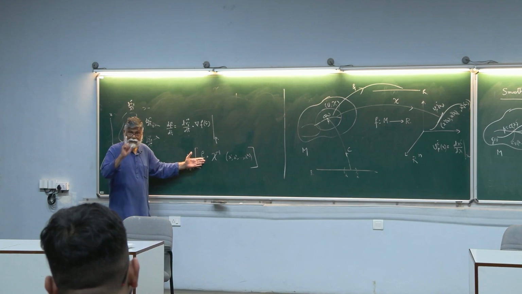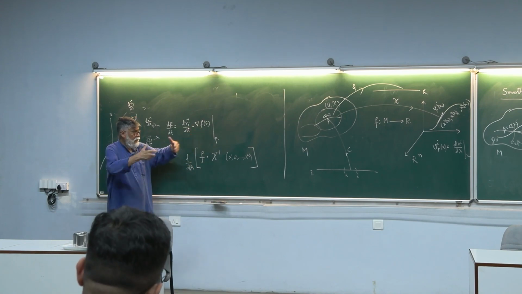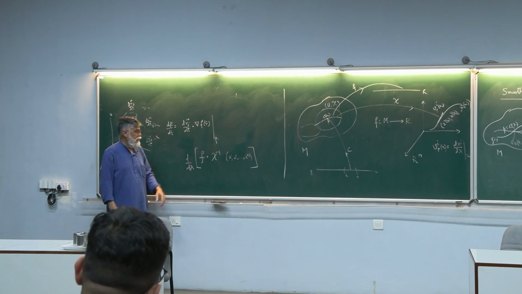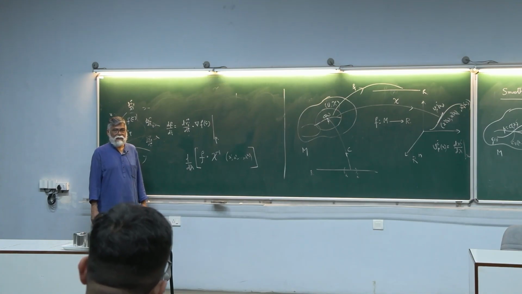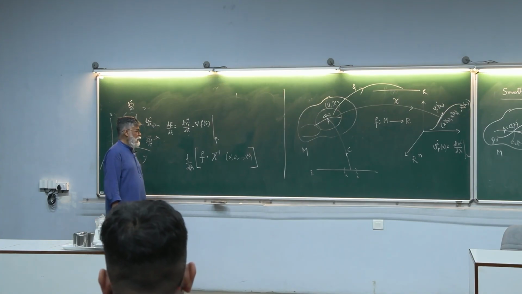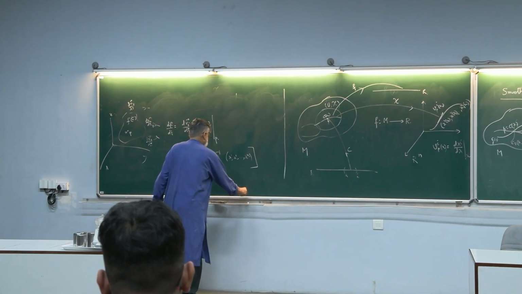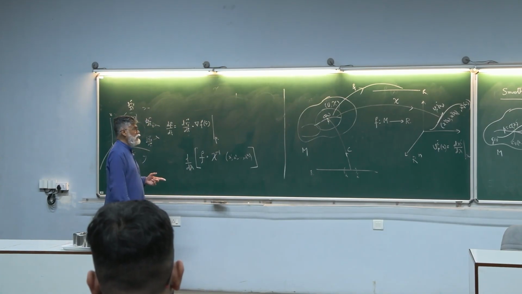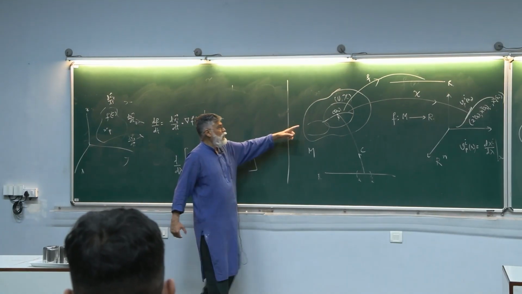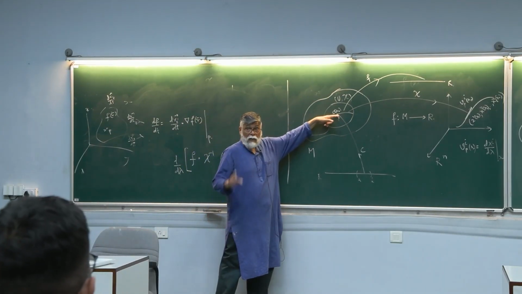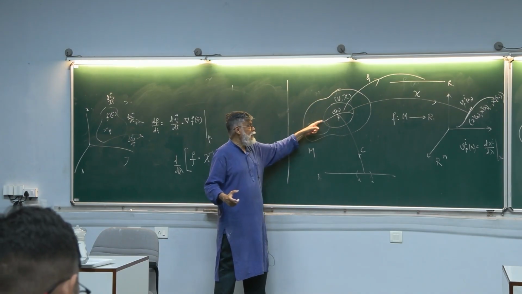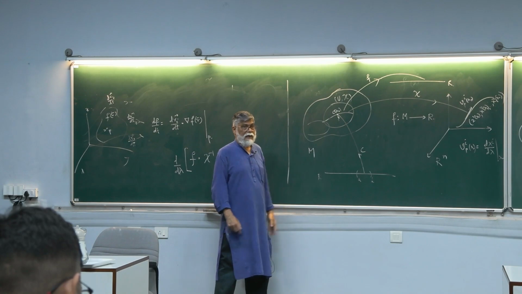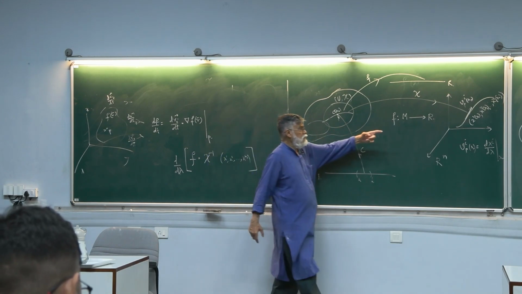Remember, this is a real number at point P, but point P could have varied, the lambda could have varied, and we are asking what is d by d lambda of this number. How does f change when you move along this path? Remember, f is a mapping from M to R, and we are asking how does f change when you go along this curve, and it will change.